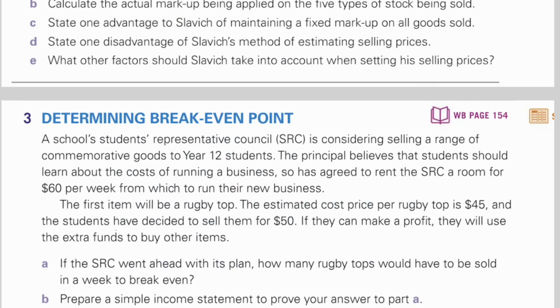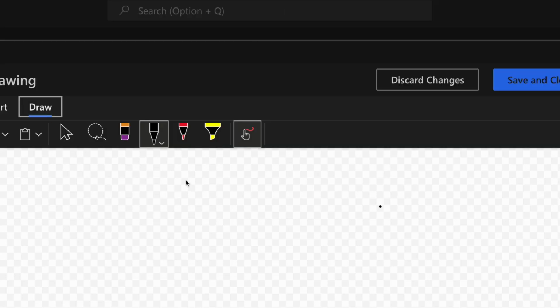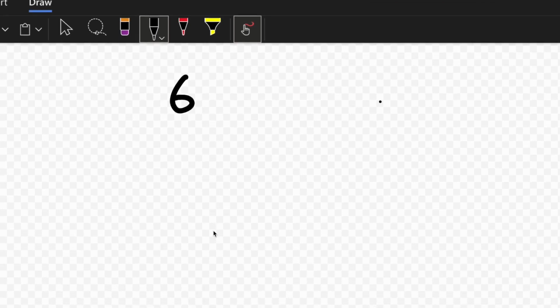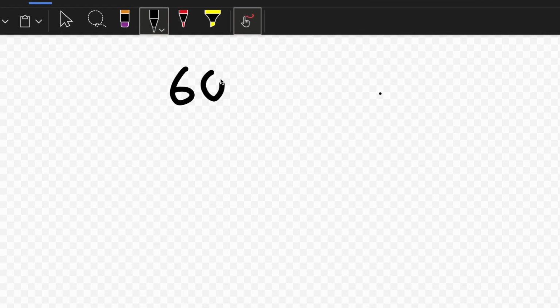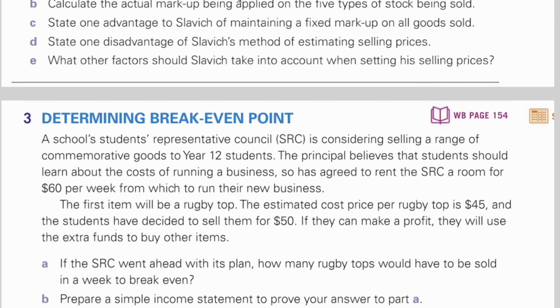So let's construct our equation here. We have our fixed costs being $60, due to rent being $60 a week, and then we have here our profit.